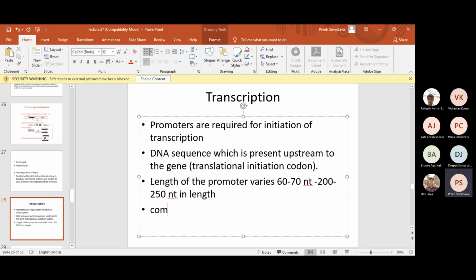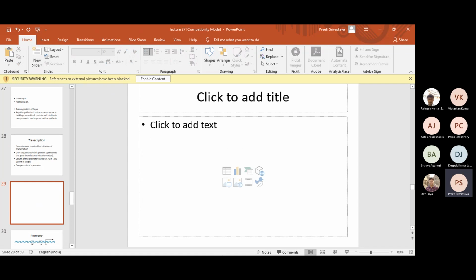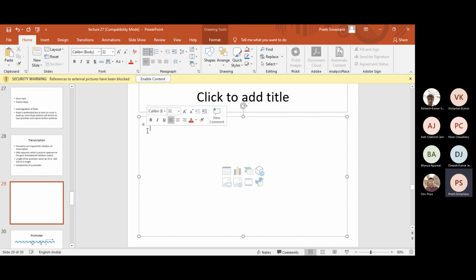What are the components of a promoter? Here, class, you need to pay a little more attention. The promoter is numbered in the minus direction. If you remember, you saw minus 20, minus 55. You remember that? Yes, ma'am.